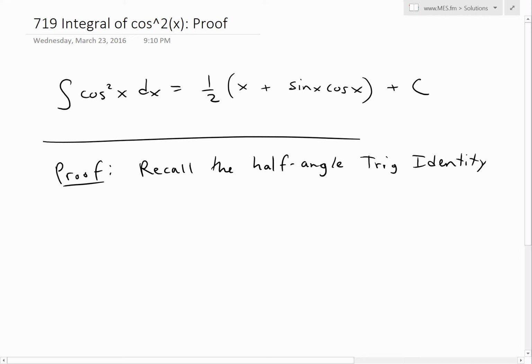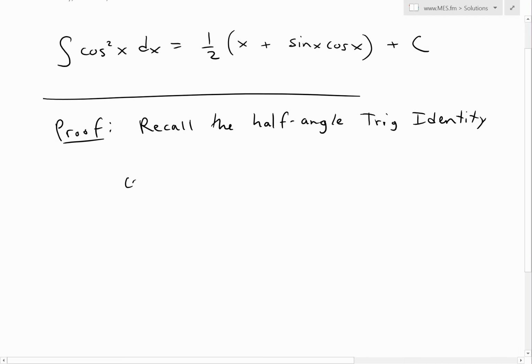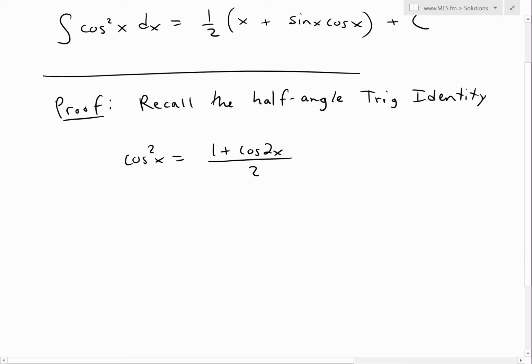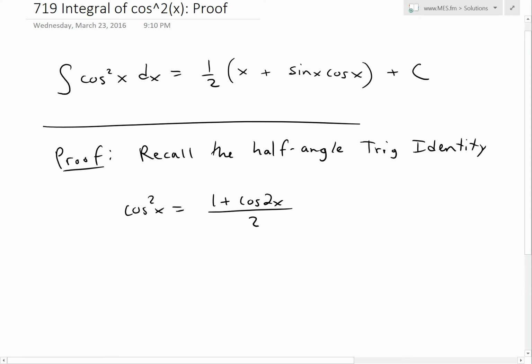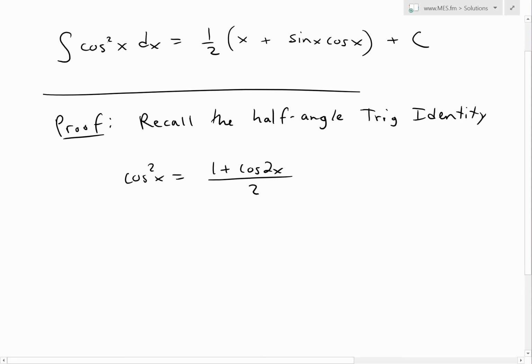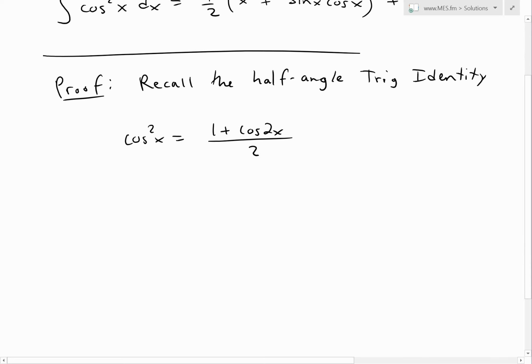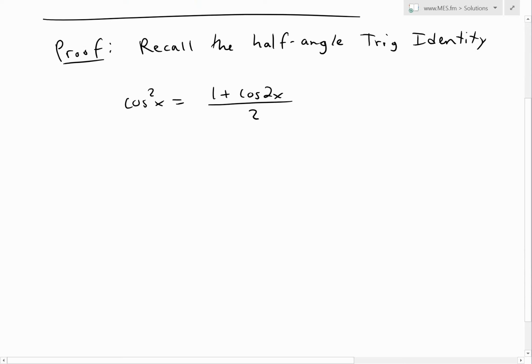That one is basically cosine squared of x is equal to 1 plus cosine 2x, all divided by 2. In this identity, we get rid of the square in the cosine squared and make it double the angle size, but at least there's no square, because we can take the integral of this, which involves the sine function.